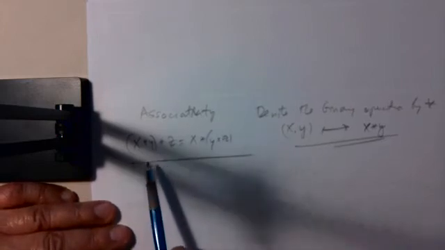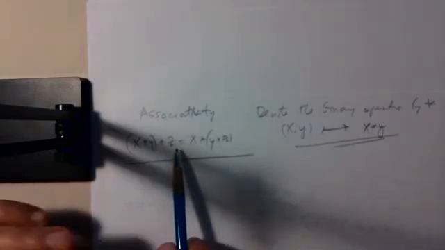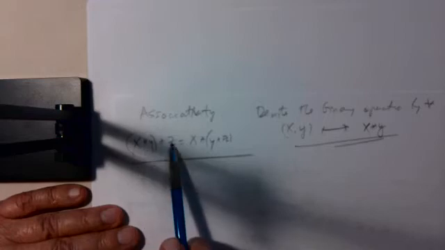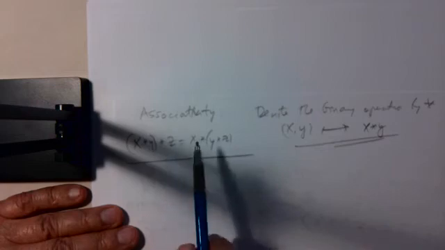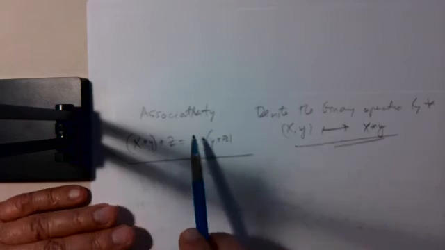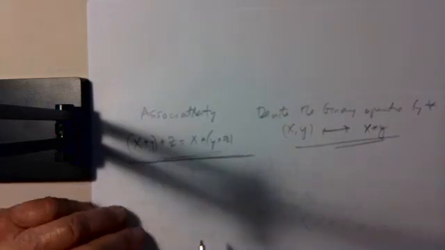Binary operation means you do things two at a time. You can't multiply three things at once. The only way you can multiply three things is by multiplying two of them and then the third. And whether you do it by X times Y and then Z, or Y times Z and then X times that, the operation is associative if these turn out always to be equal.